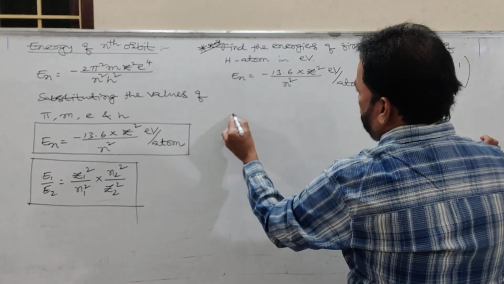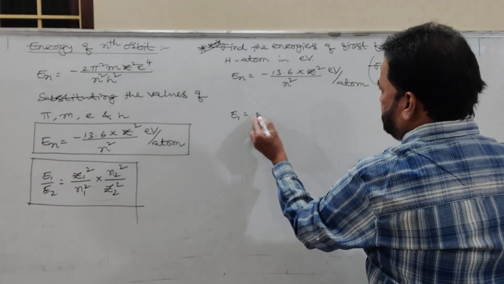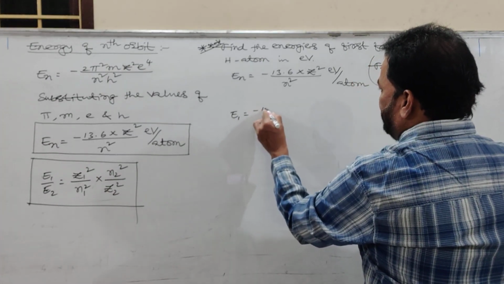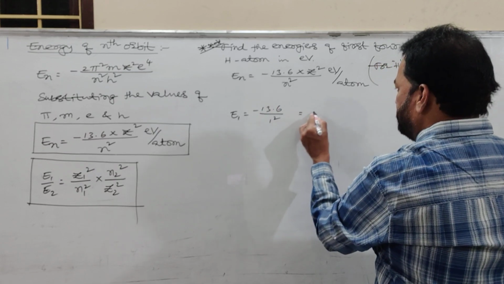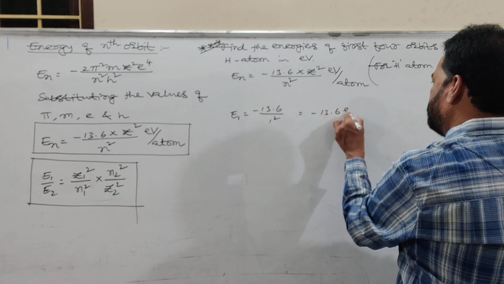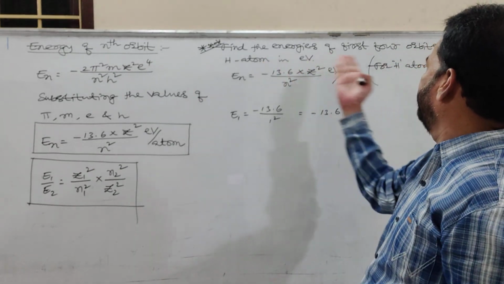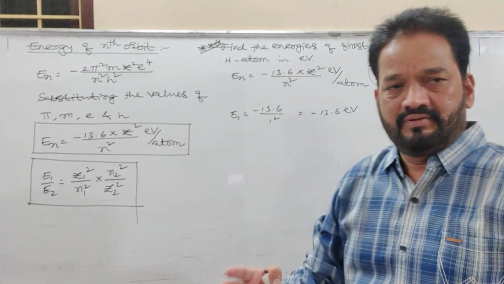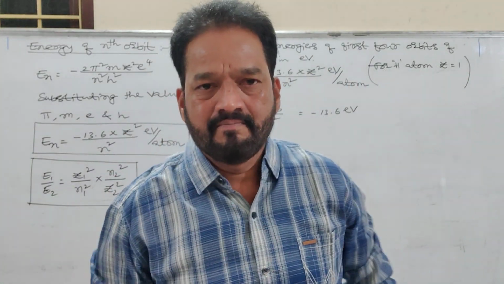Now you find the energy of the first orbit of hydrogen atom, that is minus 13.6 by 1 square, that is minus 13.6 electron volt per atom. In the question itself, it is given for atom only.